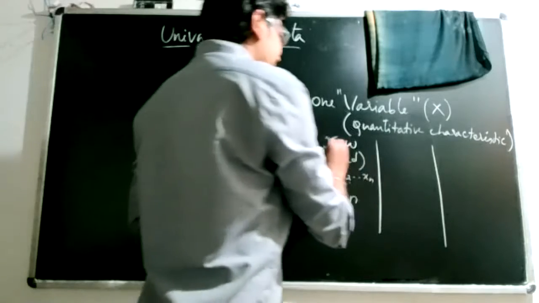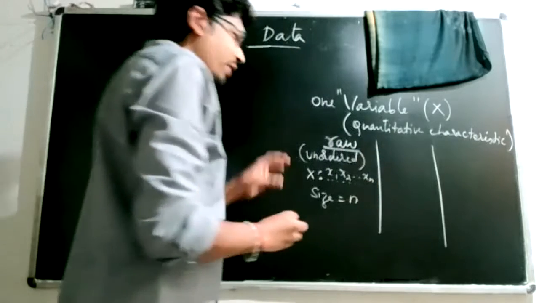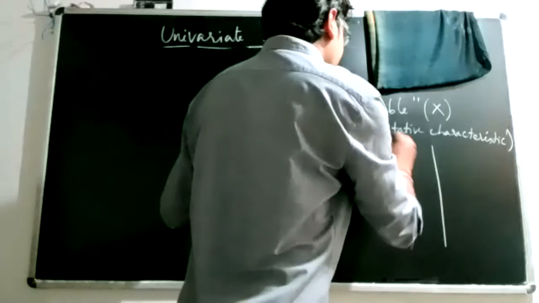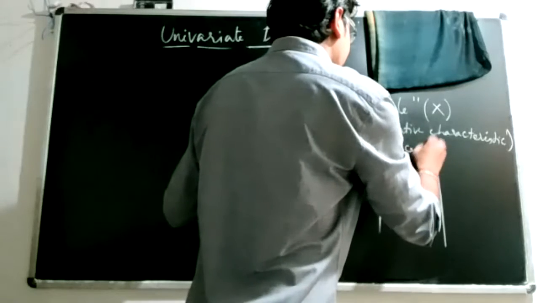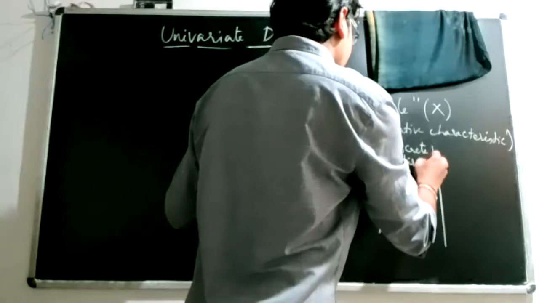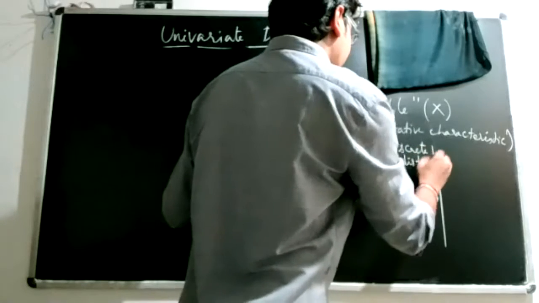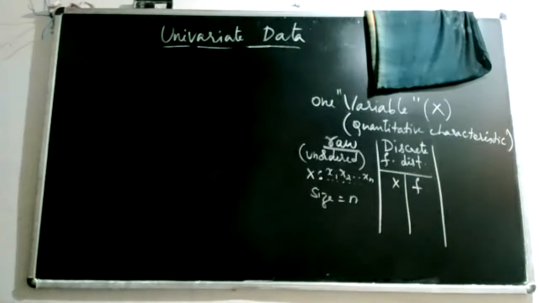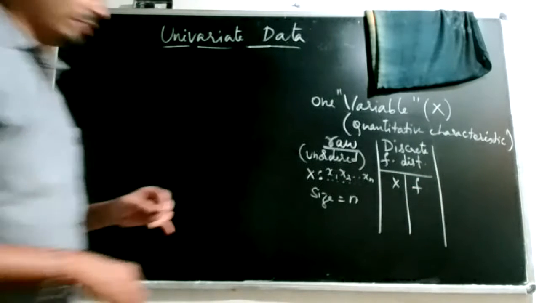Now, when you feel that your n is large, you cannot deal with each and every point. In that case, we try to represent that in a discrete frequency distribution, provided the variable is discrete. So we'll have the values taken by the variable in the first column and frequencies in the second column.